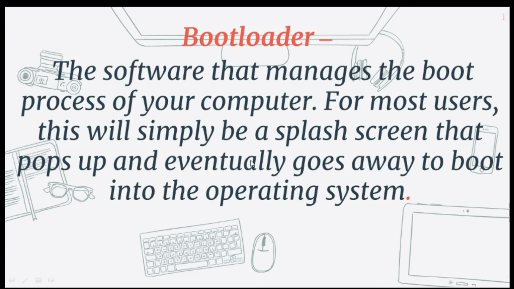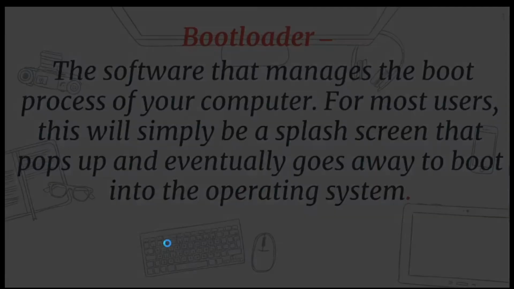So the bootloader is a software with the help of which our computer boots up, and the bootloader is stored in the MBR or GUID partition table that helps to load an operating system into memory.